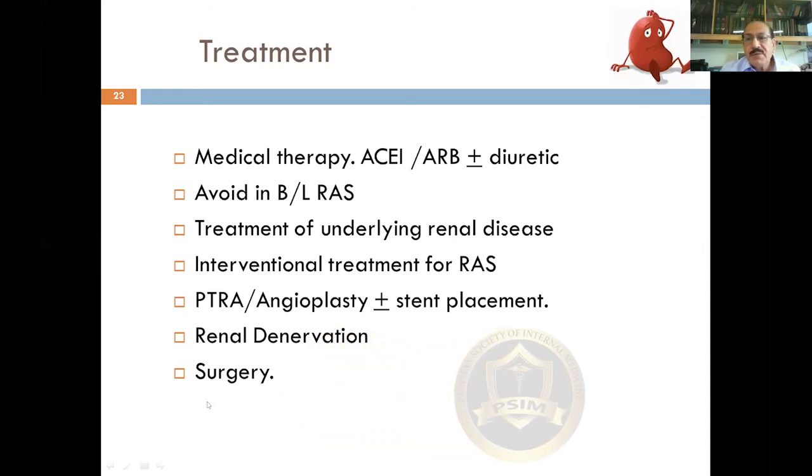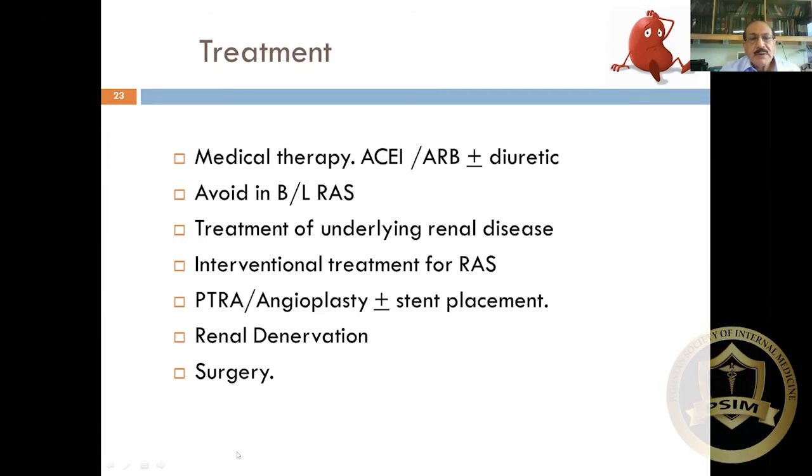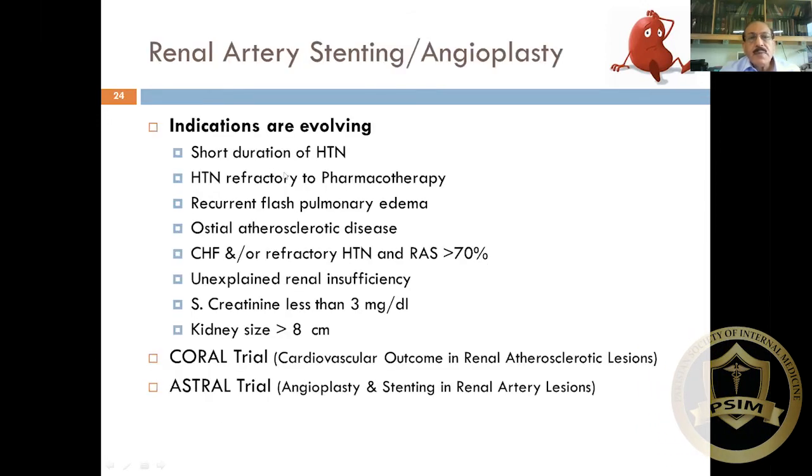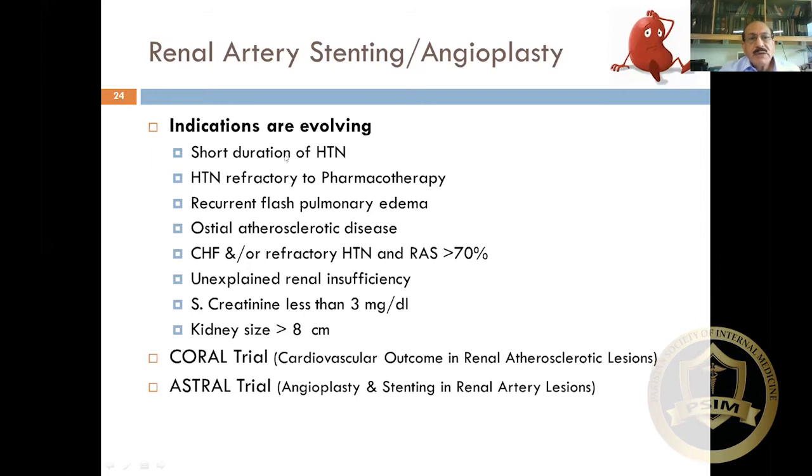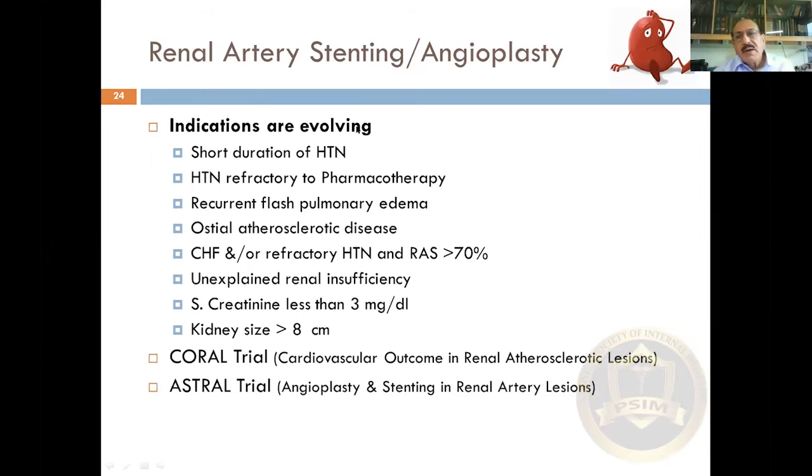If the runoff of the blood vessel is good and for some reason you can't place a stent inside, then surgery may be considered. So the indications are not very clear cut as far as the stenting is concerned, and these indications are evolving actually.